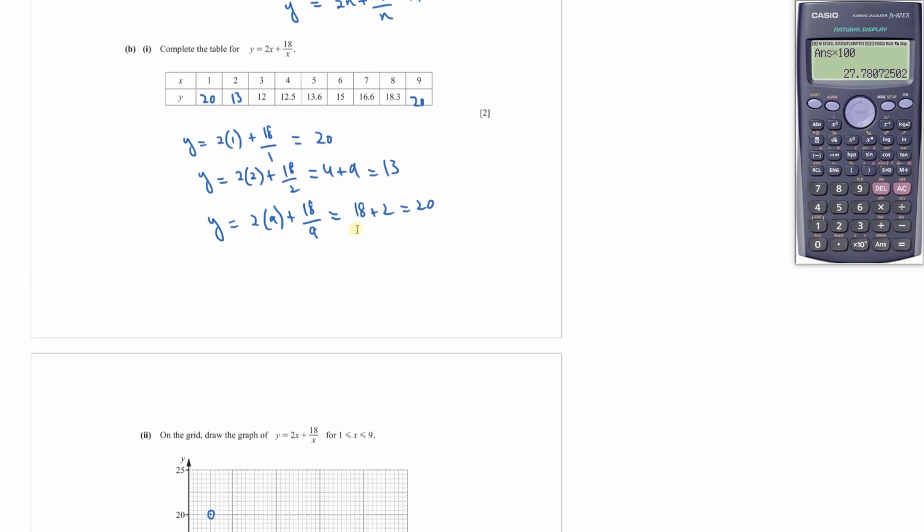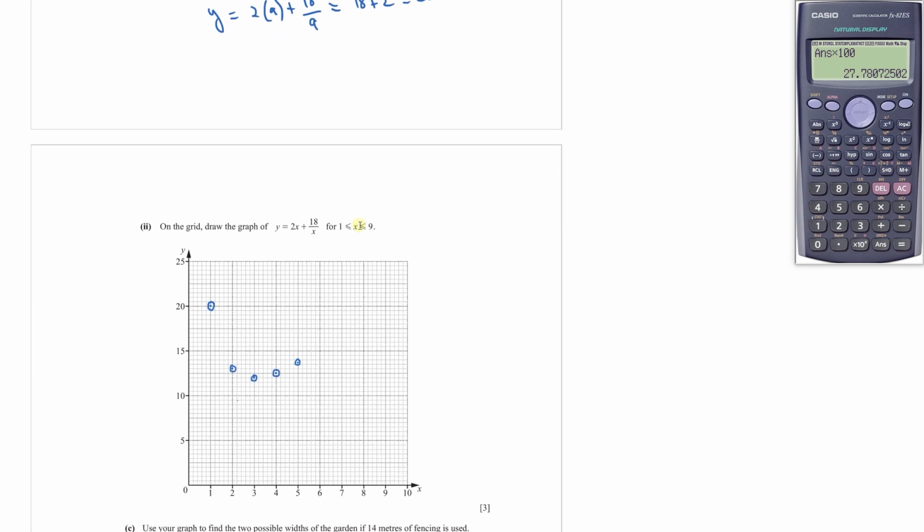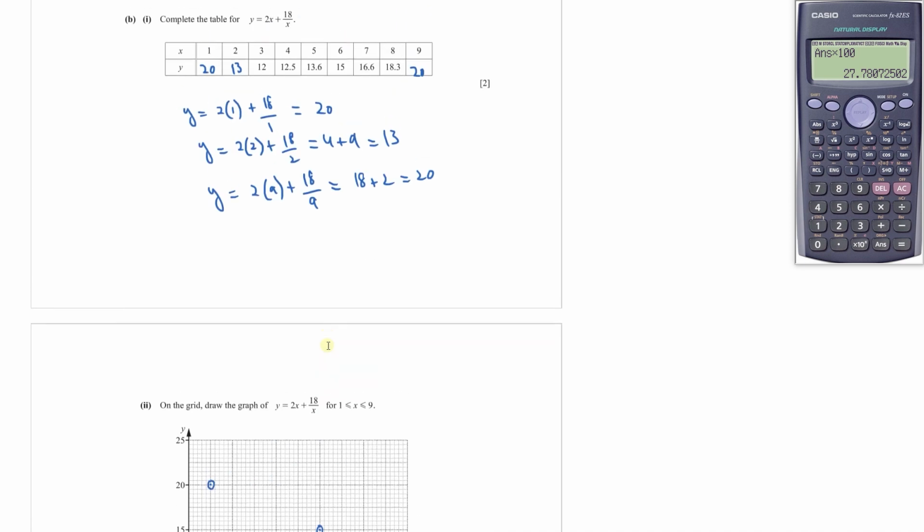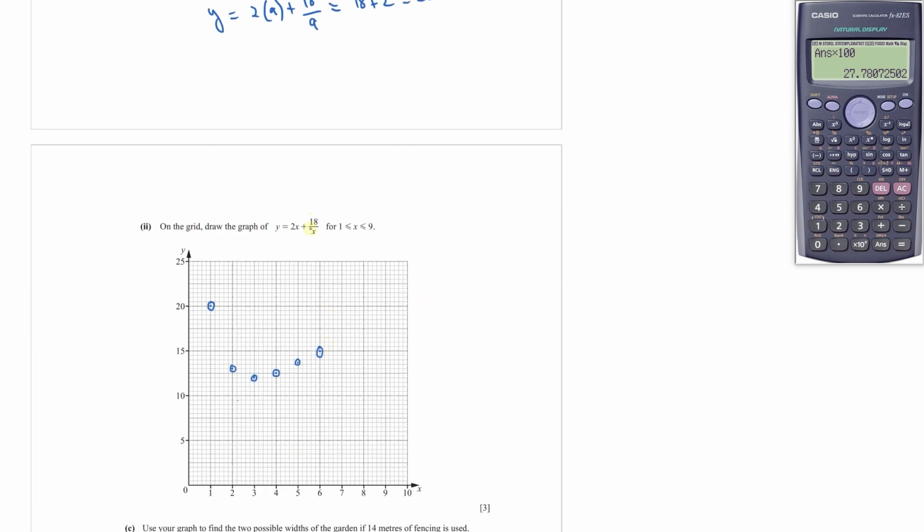Then you have 6 and 15, and then 7 and 16.6. So this is 15 and 16, 16.5, 16.6 will be this value here.